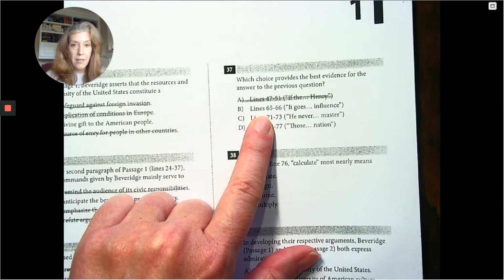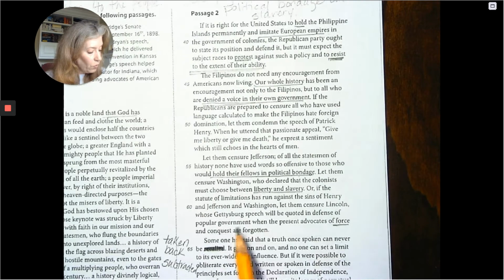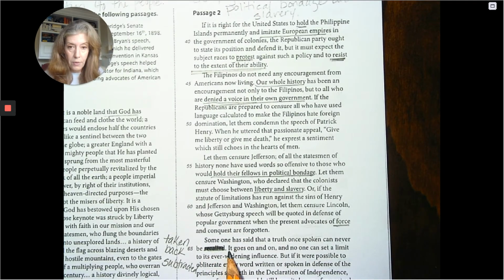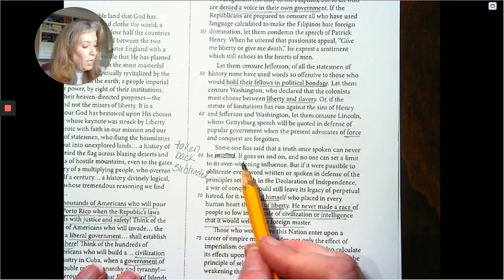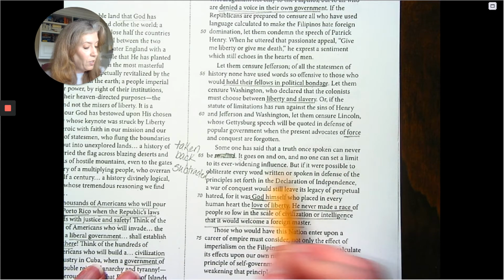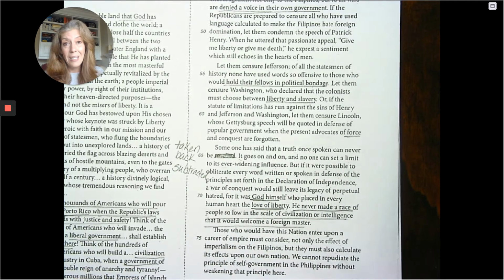So let's start on line 65. It goes on, and no one can set a limit to its ever-widening influence. I like it, but it doesn't really tell us what that is. So I'm going to get rid of that one.